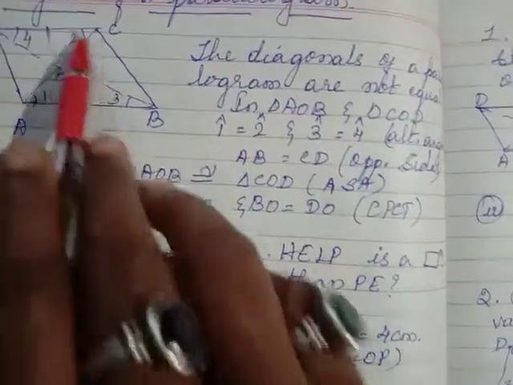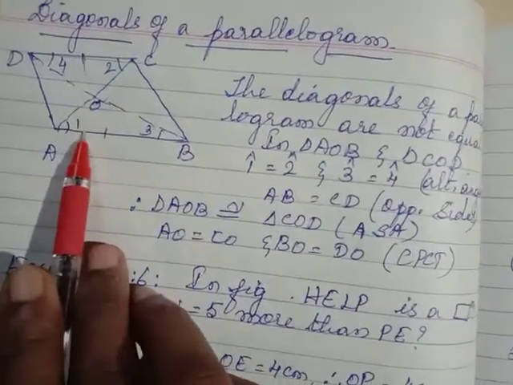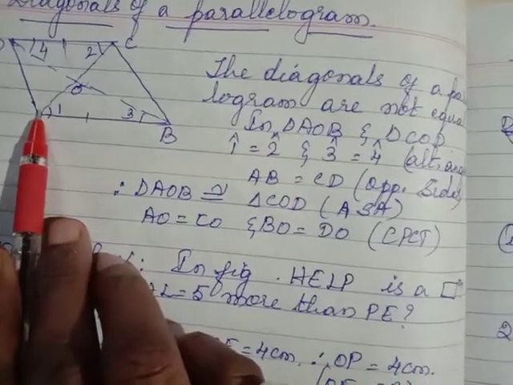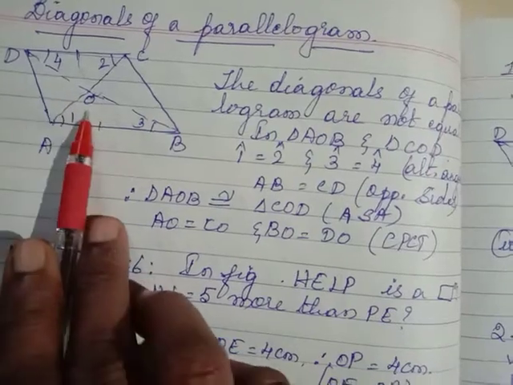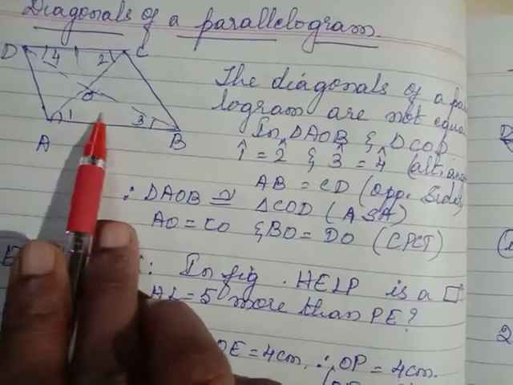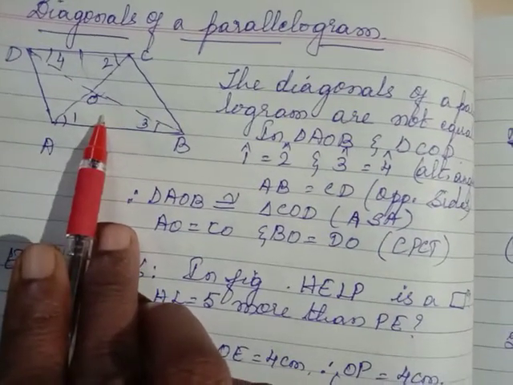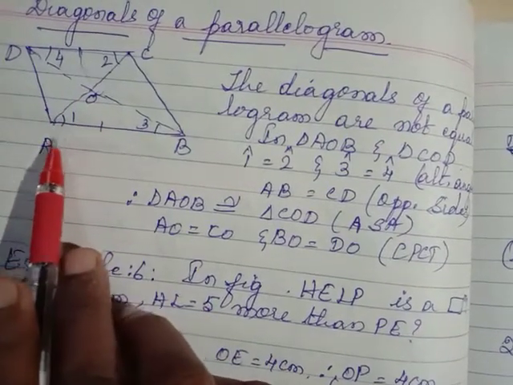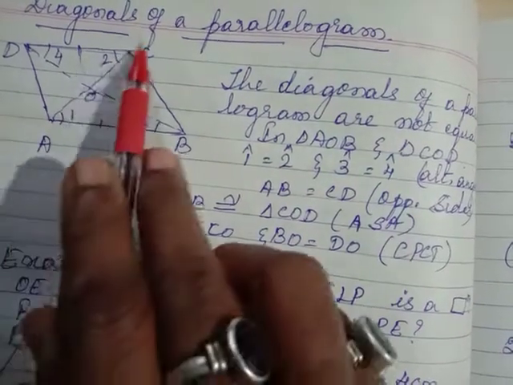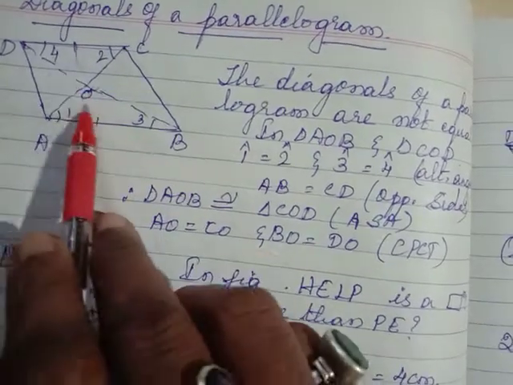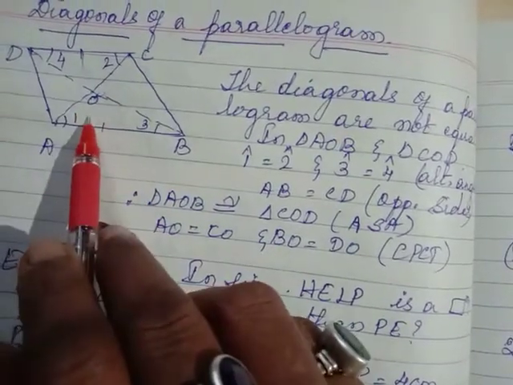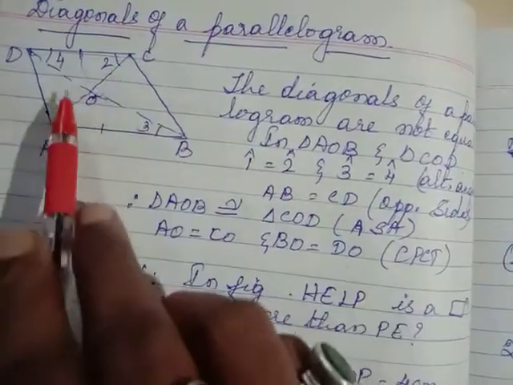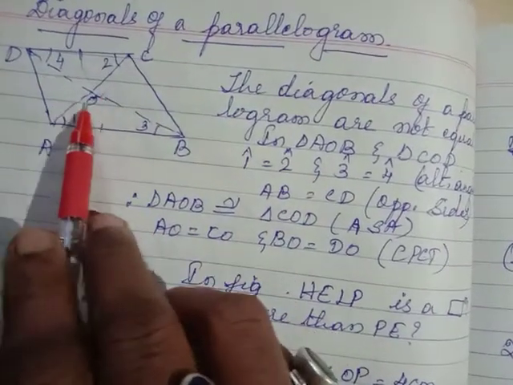This concept is very important in the problems. We have to utilize this concept and solve it, so please try to understand. Once again, in a parallelogram, diagonals are not equal, but AO is equal to OC and BO is equal to OD, since we compared these two triangles.